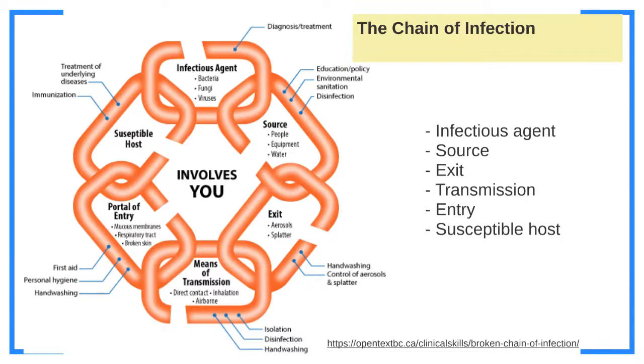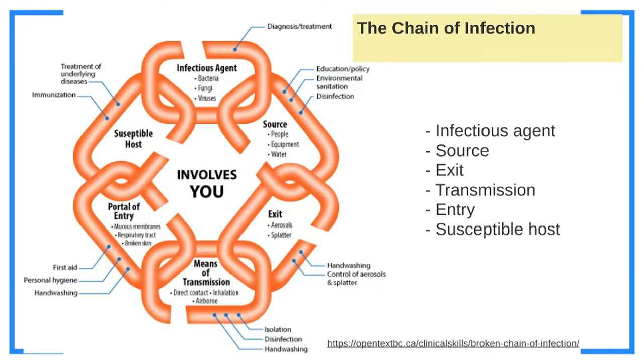The chain of infection is really the key to how we can stay healthy. And you'll see that there are six links. One is the organism, and that's at the top. The source are the people around, the individuals who are sick. Exit is how that organism is shared or exits the body.